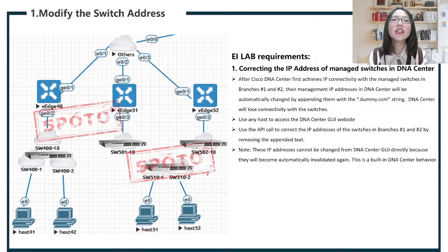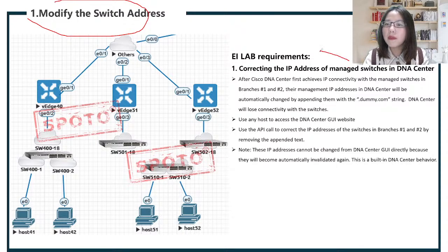So let's continue. Okay? So in SDN, the first requirement is correcting the IP address of managed switches in DNA center.